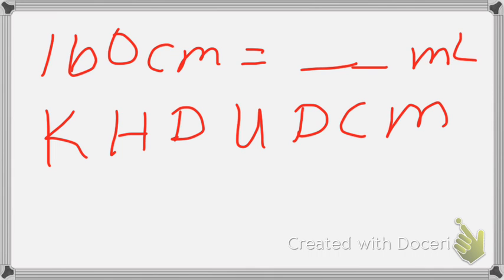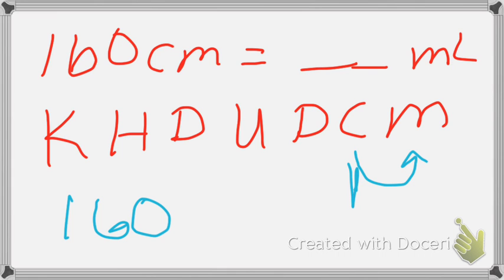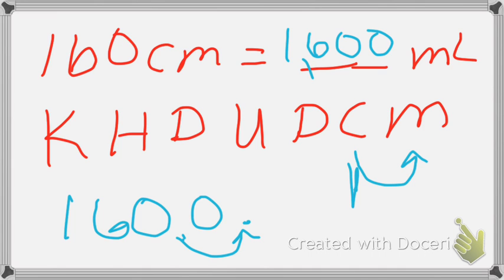We've got centimeters, so we're starting right here, and we're going just one place to the right. So if we have 160, our decimal point would be right there, and we're moving it one place to the right, so fill in your decimal point. So you get 1,600 millimeters.